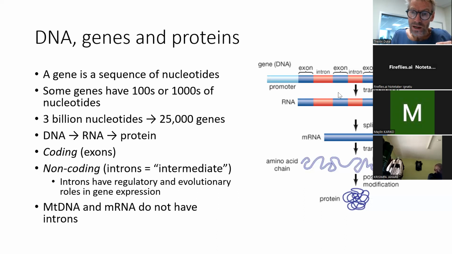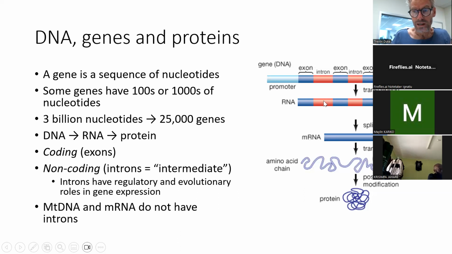Once RNA is transformed into messenger RNA for transportation out of the nucleus onto the endoplasmic reticulum, where amino acids form the proteins, then the introns are spliced off. So that's the step between RNA and messenger RNA. So messenger RNA doesn't contain introns, whereas RNA contains both exons and introns.